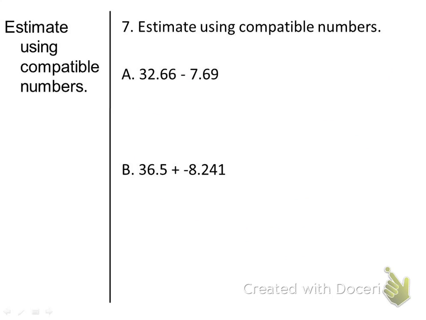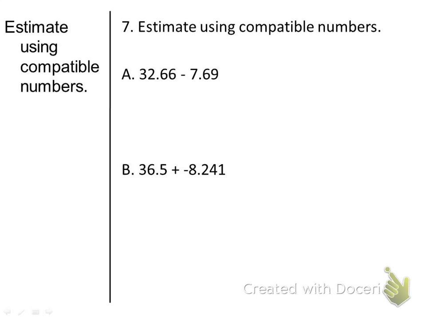Okay, the next subtopic is estimating using compatible numbers. With compatible numbers, we're rounding the numbers. So this is a general estimation. The first one is 32.66 minus 7.69.